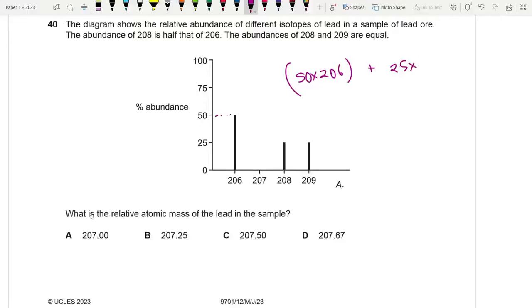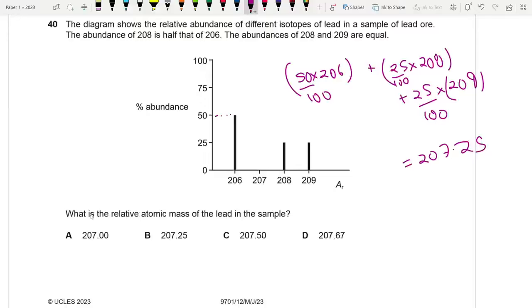Yeah. 25 times 208 plus 25 times 209. Let's do this. By 100, we should divide by 100. 25 by 100 into 208 plus 0.25 into 209. So that gives me an answer of 207.25, which is B.